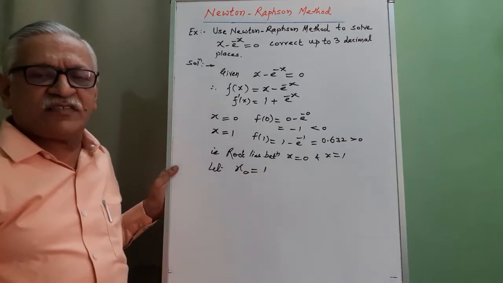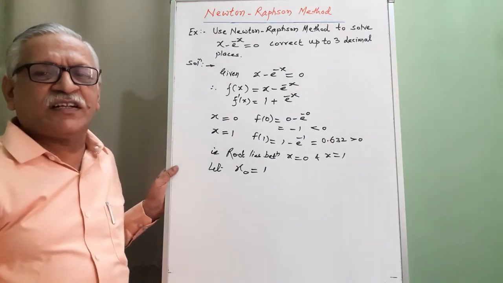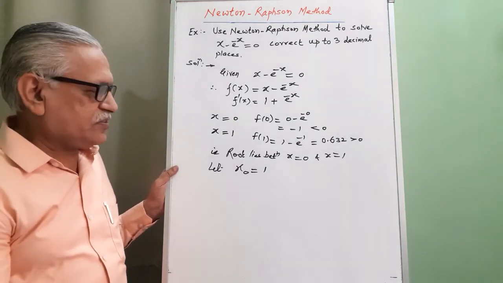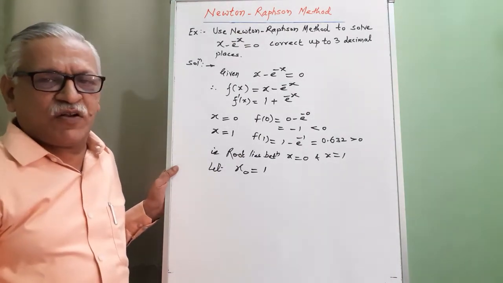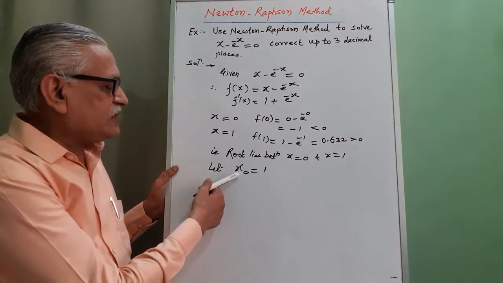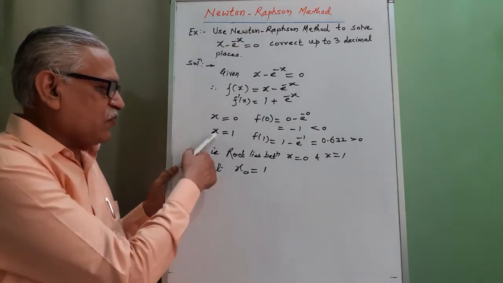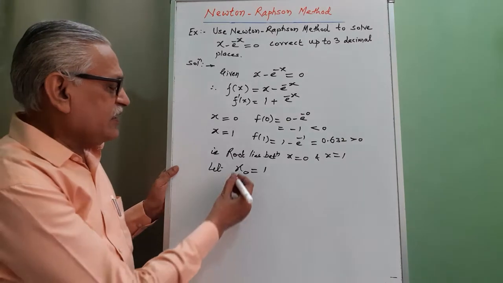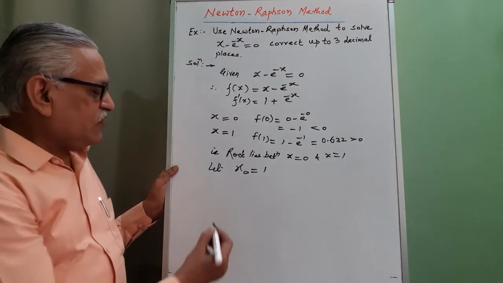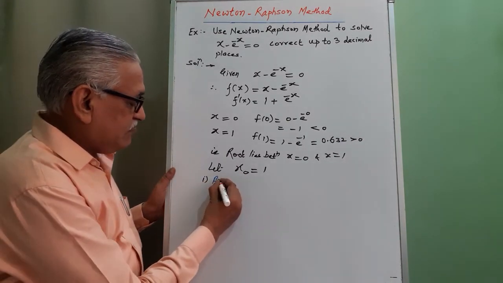You can consider x0 as 0 also, but it will increase the number of iterations. To perform the calculation in fewer iterations, we consider the value of x for which the function value is nearest to 0. Therefore with x0 equals 1, we go for step number 1.